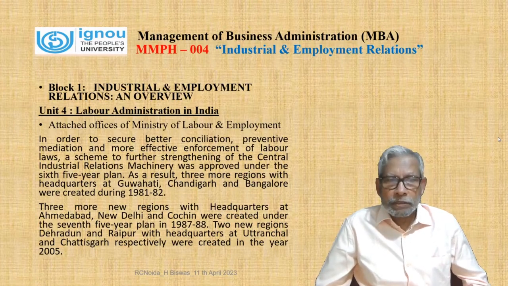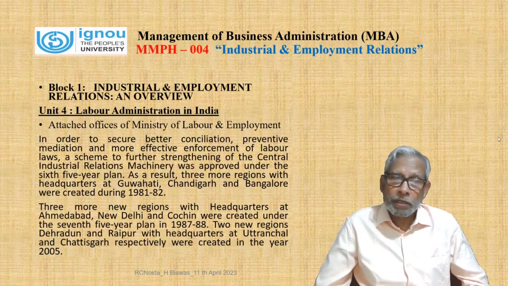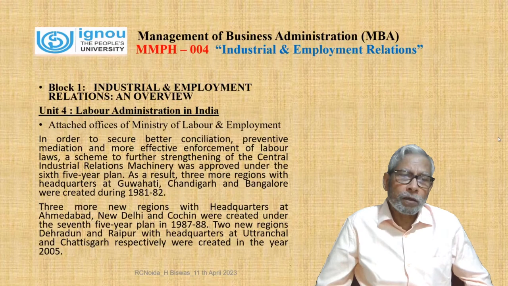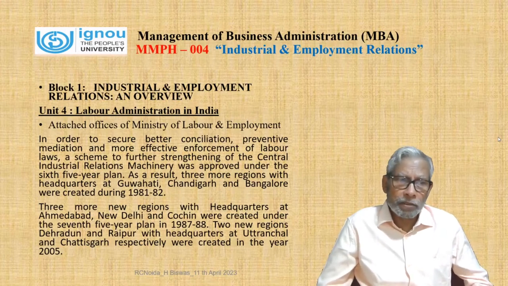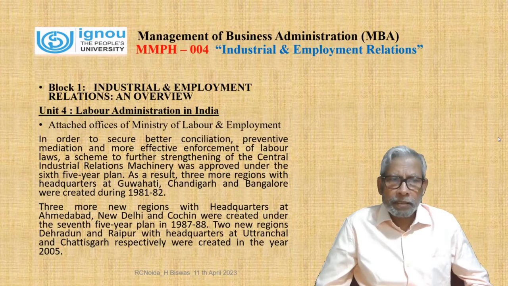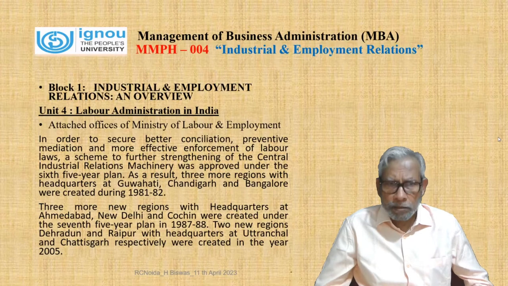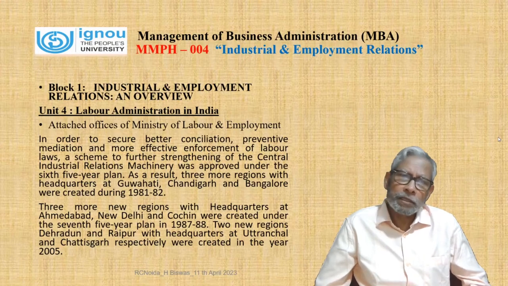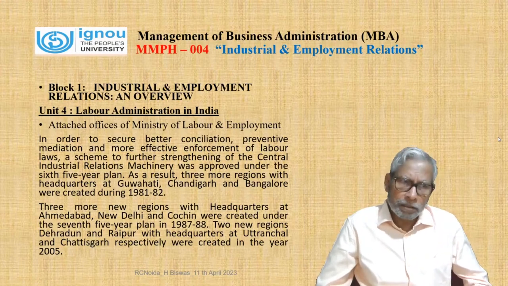Three more new regions, with headquarters at Ahmedabad, New Delhi, and Cochin, were created under the seventh plan. Actually, with every five-year plan, something has been added, and in the seventh plan again, additional locations and sub-station headquarters were created.